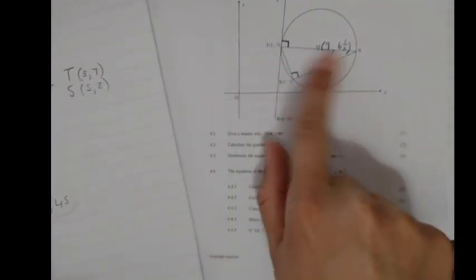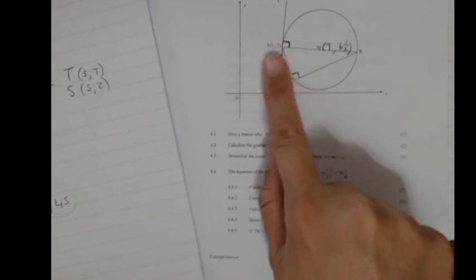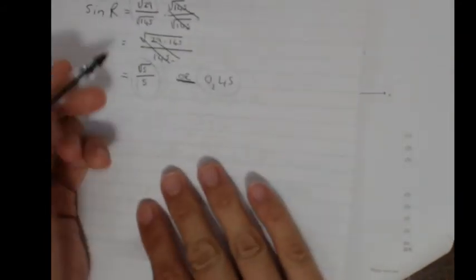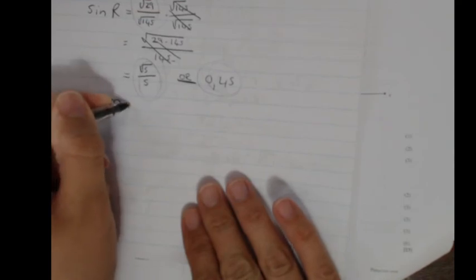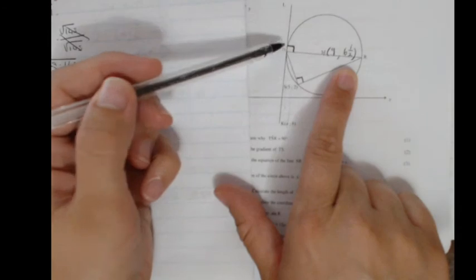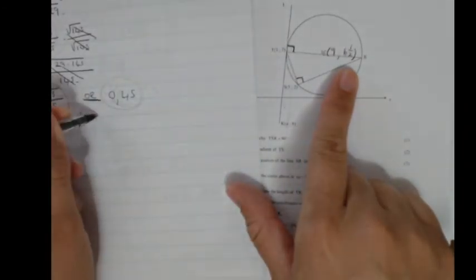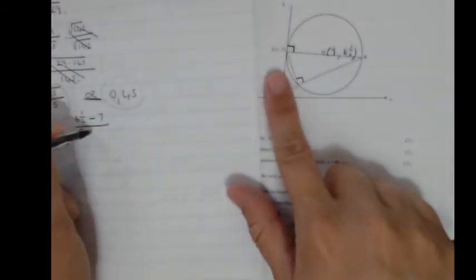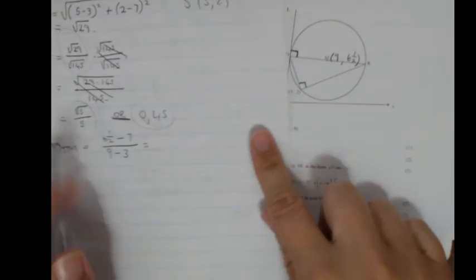I'm going to start by just working out the gradient of this. Well, you can work with TR or TM. So the gradient of TM is going to be the difference in y, 6.5 minus 7, over the difference in x, 9 minus 3, and you can just type this into your calculator.